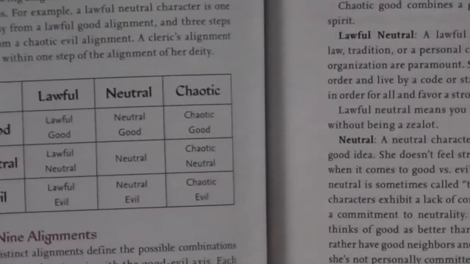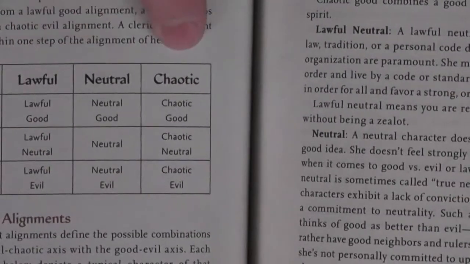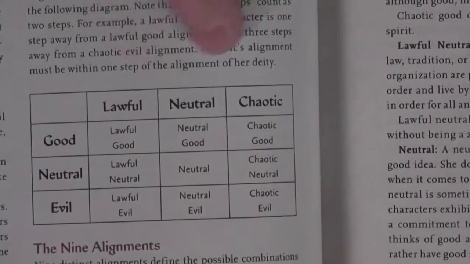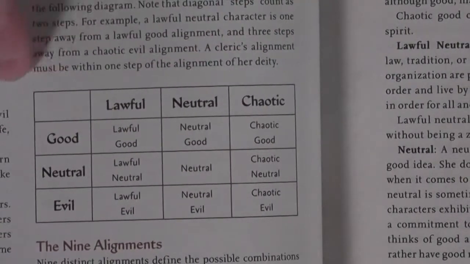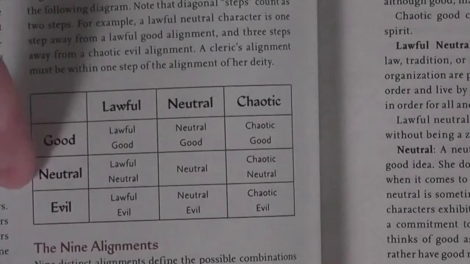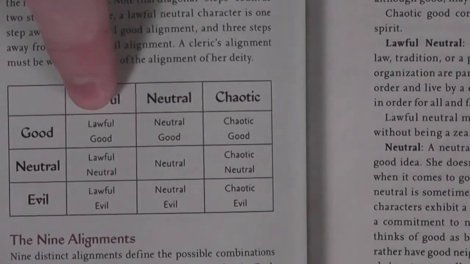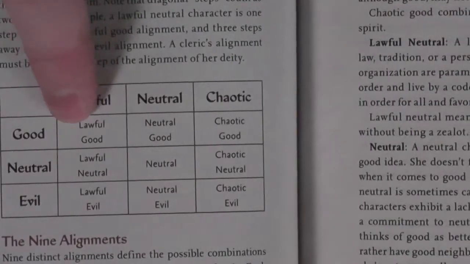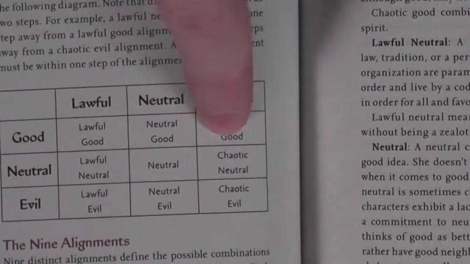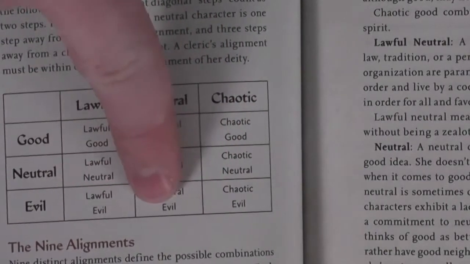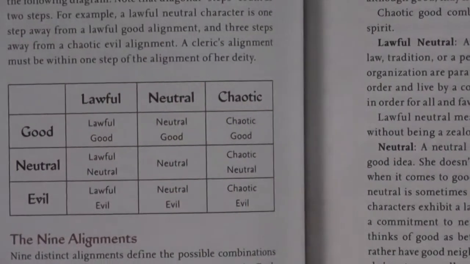And you can be lawful, neutral, or chaotic, which are the three on the x-axis, and the three on the y-axis are good, neutral, and evil. And you can have any combination. I'll just read them all off: lawful good, neutral good, chaotic good, lawful neutral, neutral, chaotic neutral, lawful evil, neutral evil, and chaotic evil.